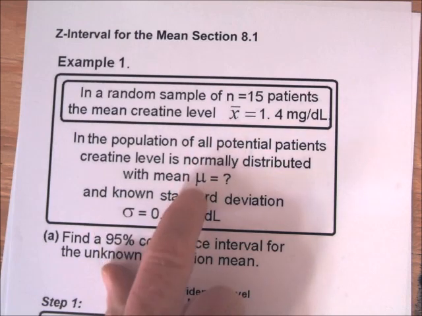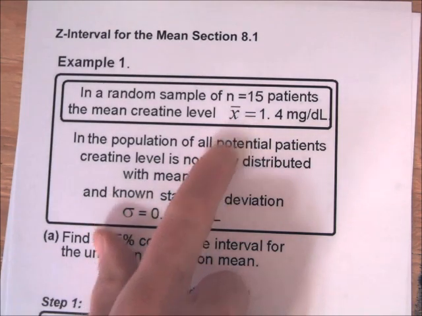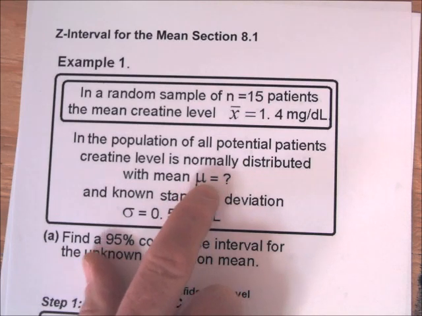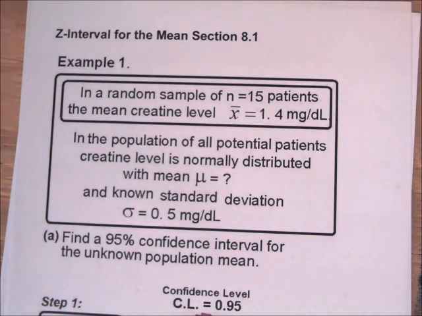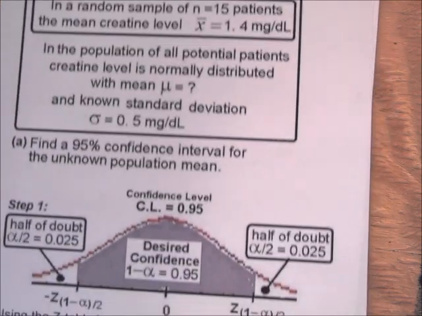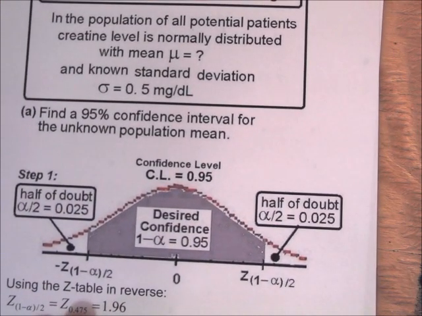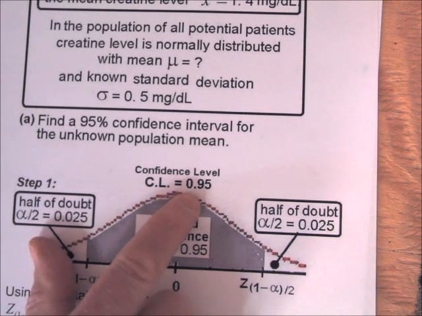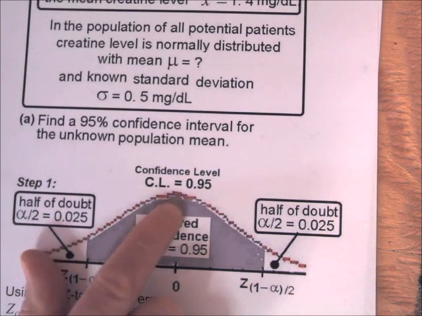Our best guess as to the population mean is the same as the sample mean, which is 1.4 milligrams per deciliter. But that could have happened by chance, and so we want an interval where we're pretty sure that the exact mean falls within that interval. So our confidence level, 95%, or as a decimal is 0.95.